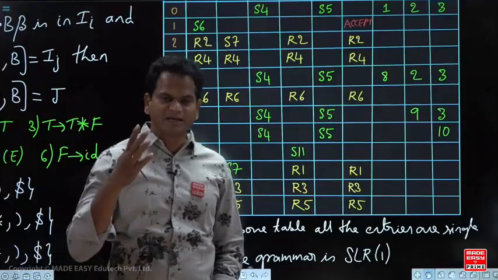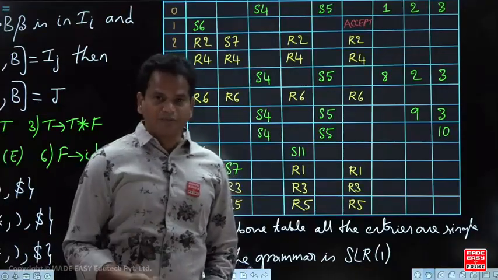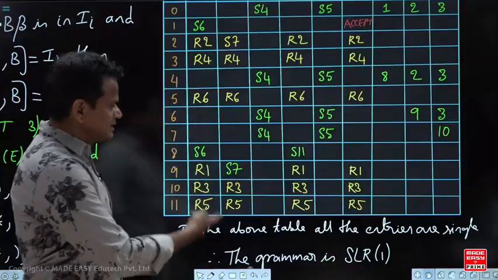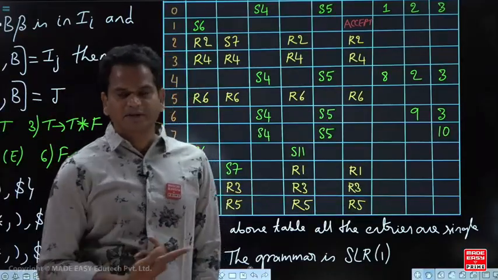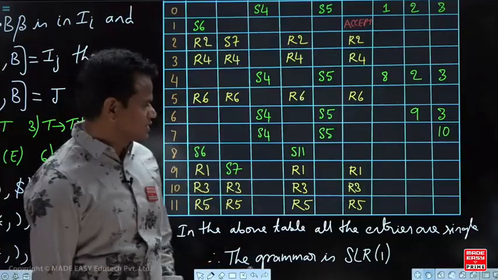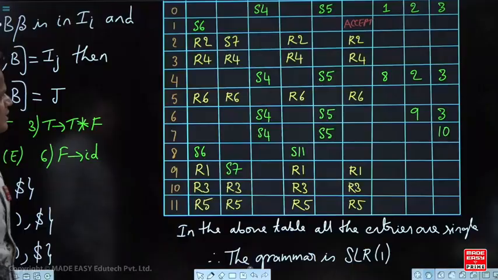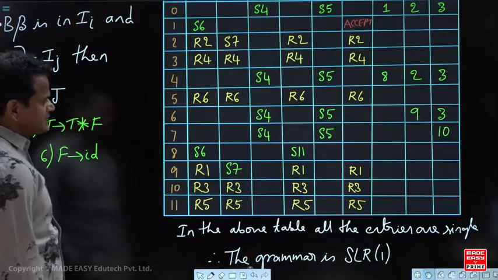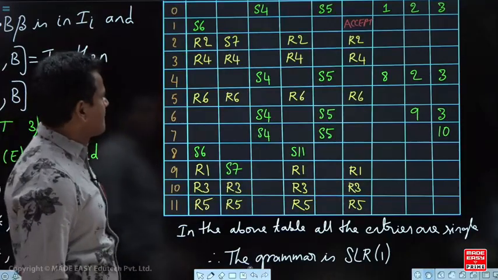So what is the other method? That we will see now. What are the shortcuts here? Now we are going to decide whether a grammar is SLR(1) or not, without constructing this table.